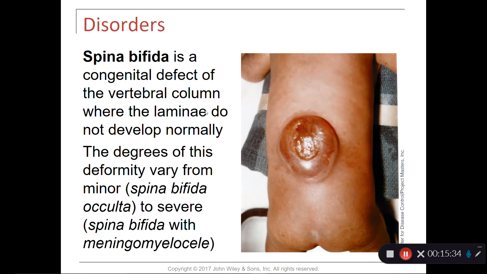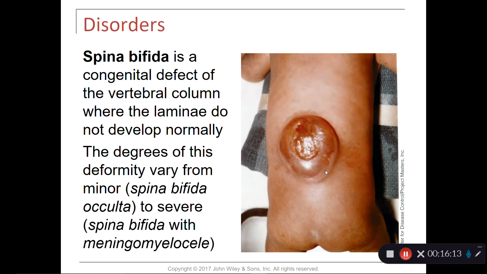Well, those bones and the signals behind the formation of the bones can be muted or lost, which can cause that vertebral column not to be developed appropriately, which will allow spinal fluid to leak out and underneath the skin. And as it's leaking out, you can also have a lot of that spinal cord and some of the nerves coming off of it leak into and become incorporated into this, I'm going to call it this bulbous structure here, which is really, really detrimental if it's not taken care of quickly.